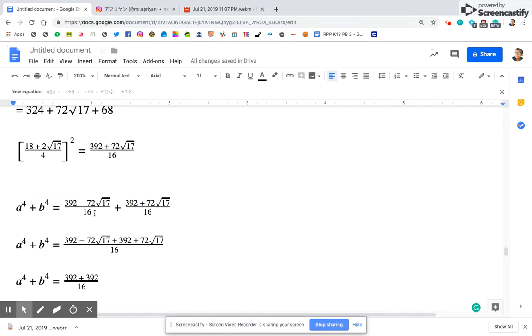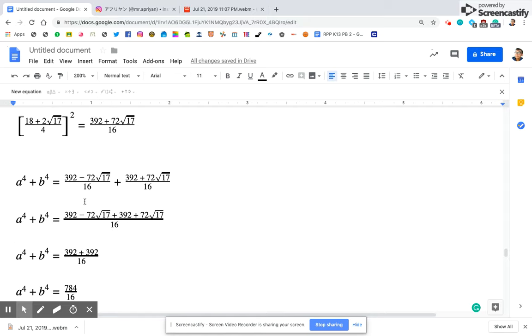Since they have the same denominator, I can just combine these fractions. I combine the numerators up here: 392 minus 72 square root of 17 plus 392 plus 72 square root of 17. And do you realize that we have this minus and plus? So they cancel out.